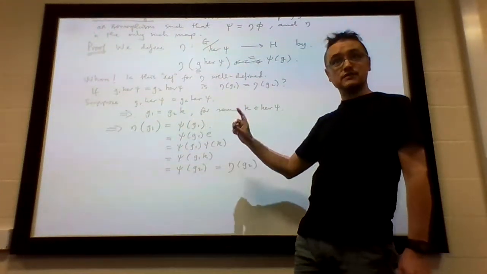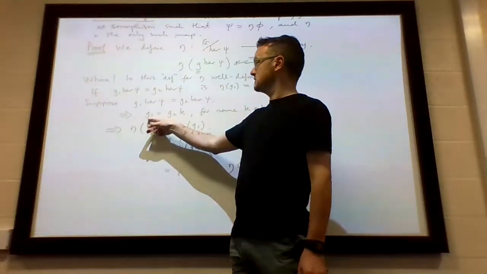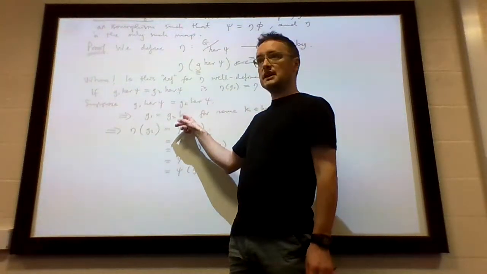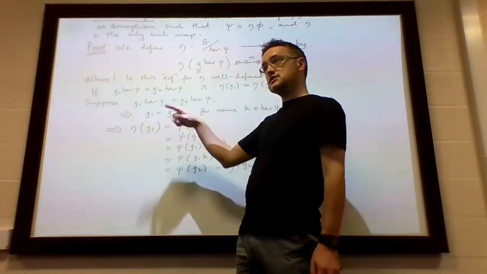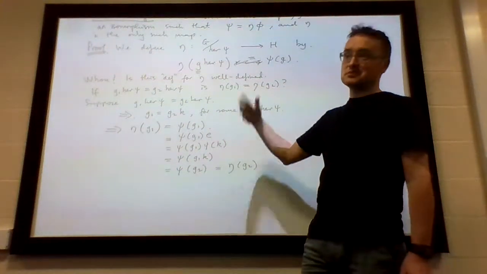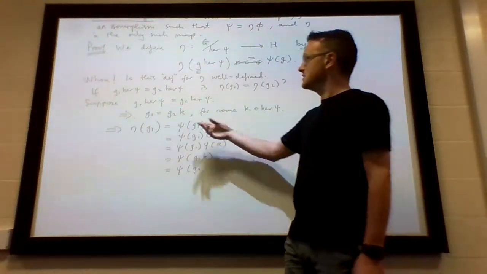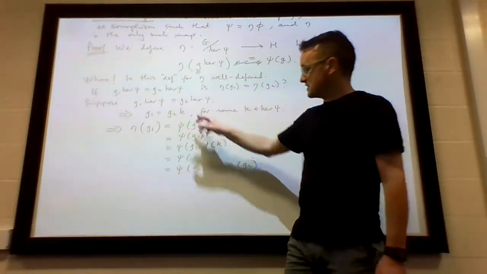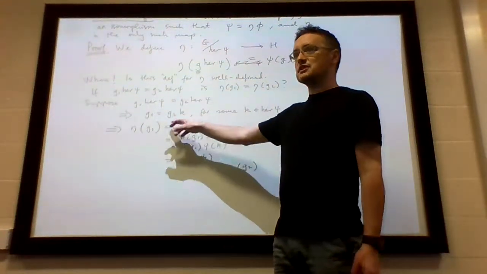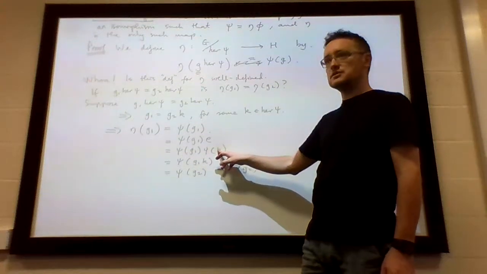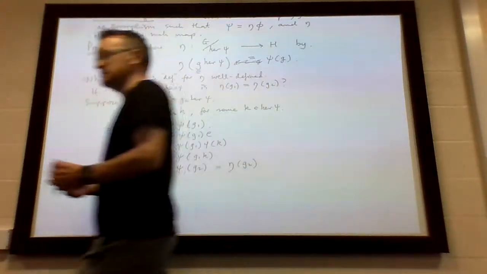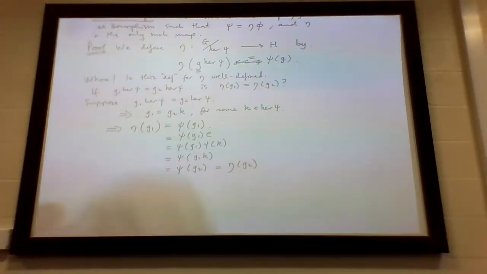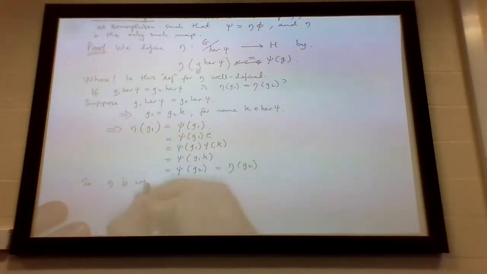G1 and G2 are different, probably, because G1 is the product of G2 and K, but their psi values are the same, because they're related by a product with an element in the kernel, and that disappears when you apply psi. So psi is well defined.